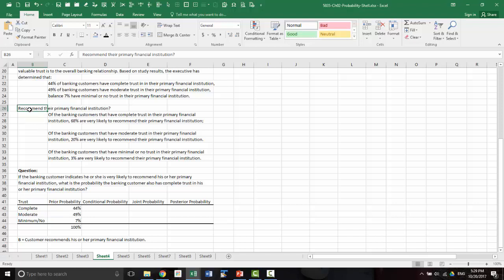So the conditional probabilities are: given that the individual has complete trust, what is the probability that that individual will recommend their primary financial institution? So that's 68%.